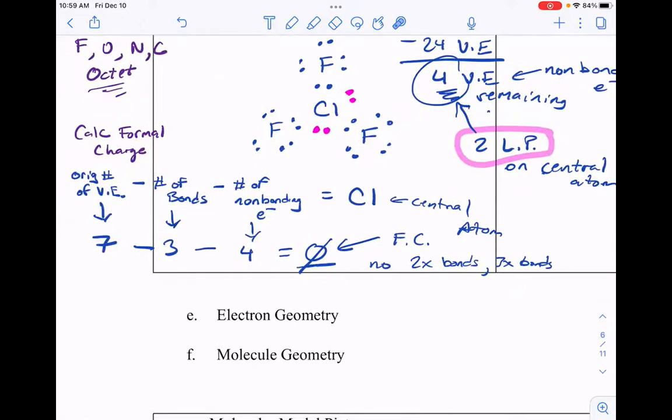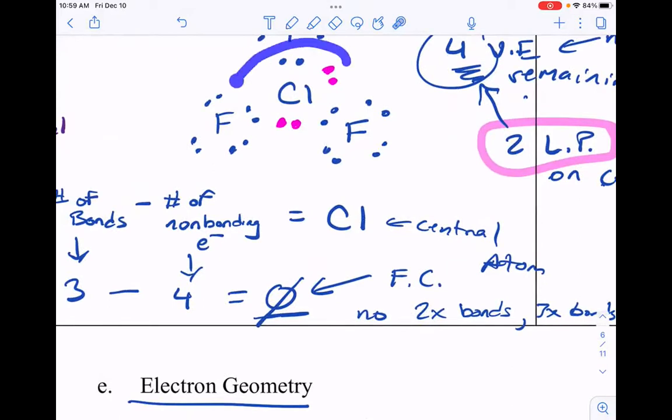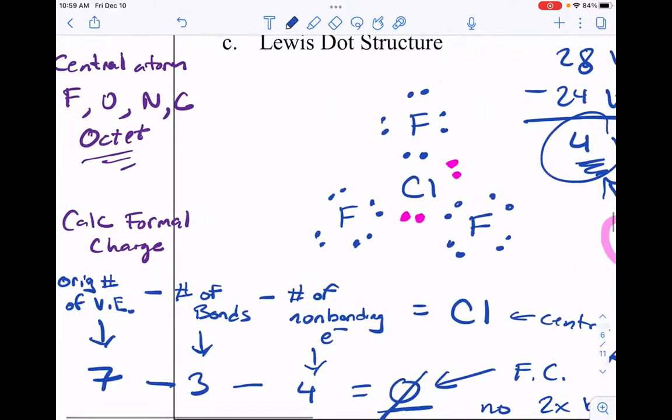All right, so anyways, let's go ahead and talk about electron geometry. How many groups of electrons do we have surrounding the central atom? 5. 4 or no, 5, right? Correct. 5. So I apologize. Let me go ahead and just translate this very quickly to just a general Lewis structure, so that way we can see it much better.